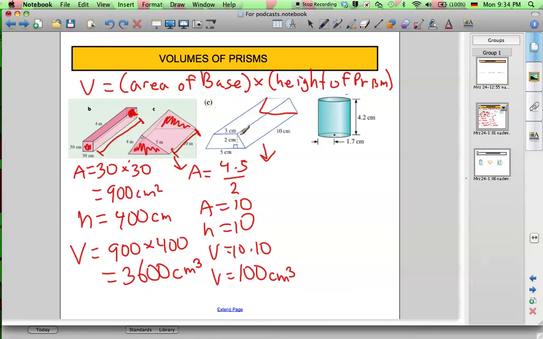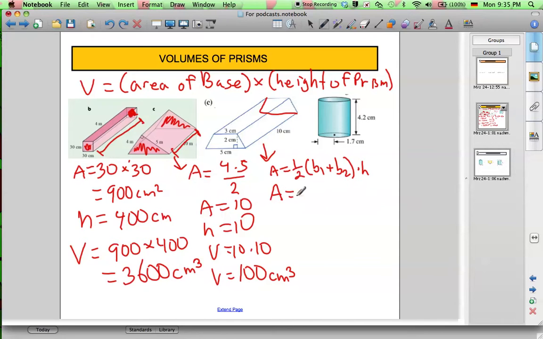The bases are trapezoids. So remember the area of a trapezoid is half base 1 plus base 2, basically the average of the bases, and then times the height of the trapezoid. That's right there, not to be confused with the height of the prism. Height of the trapezoid here is 2.